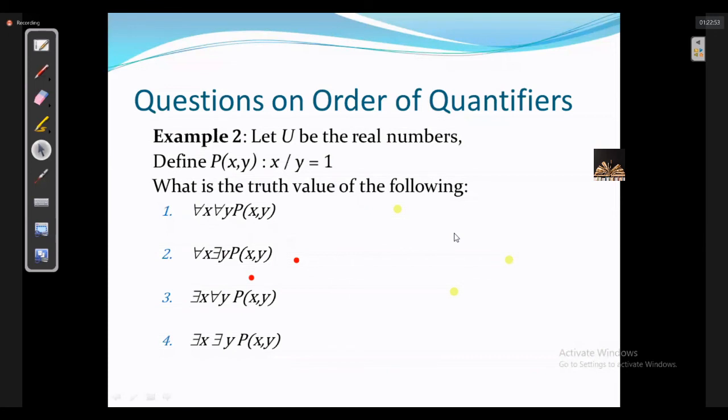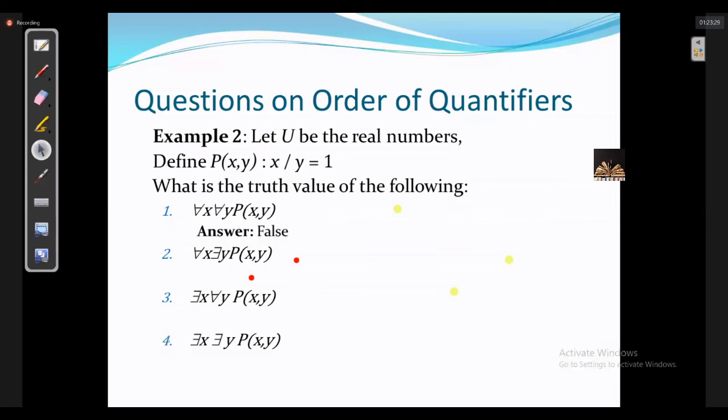Note down this one. Next example. Okay, here let P of x y be x by y equal to 1. What are the truth values of the following? For all x, for all y, P of x y is true or false? First one: for all x, for all y, are all cases true? No, so it is false.